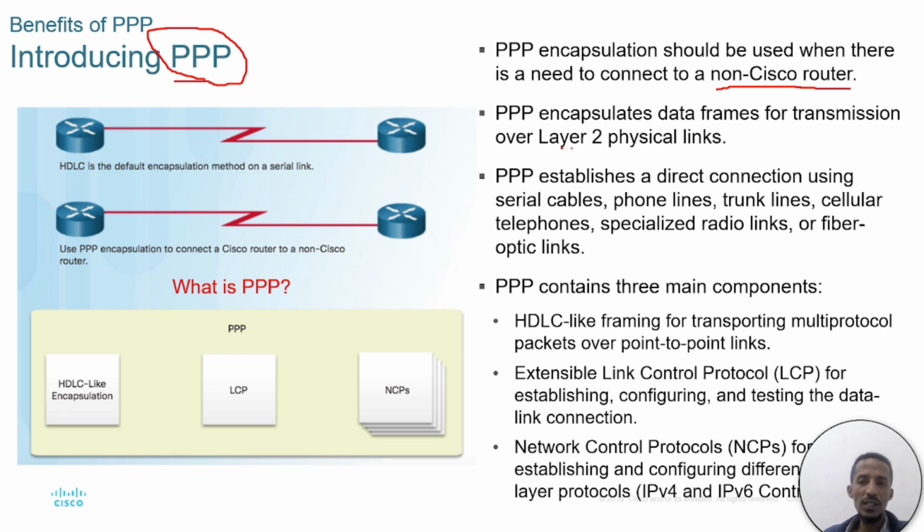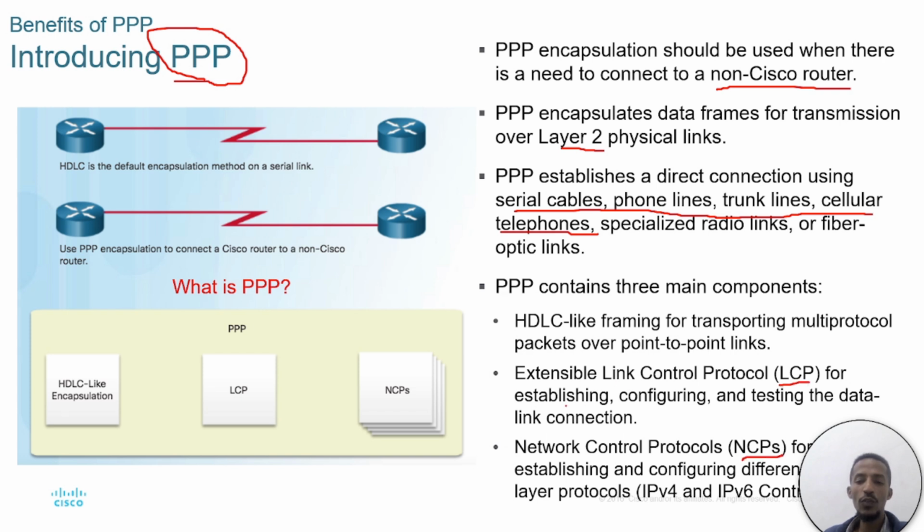So we have said that it is a layer 2 encapsulation protocol. Whenever you have serial cables, phone lines, trunk lines, cellular telephones, specialized radio links, fiber optics, all of them will use which kind of protocol? This is the PPP protocol. An additional advantage of this one is it supports two protocols, LCP and NCP.